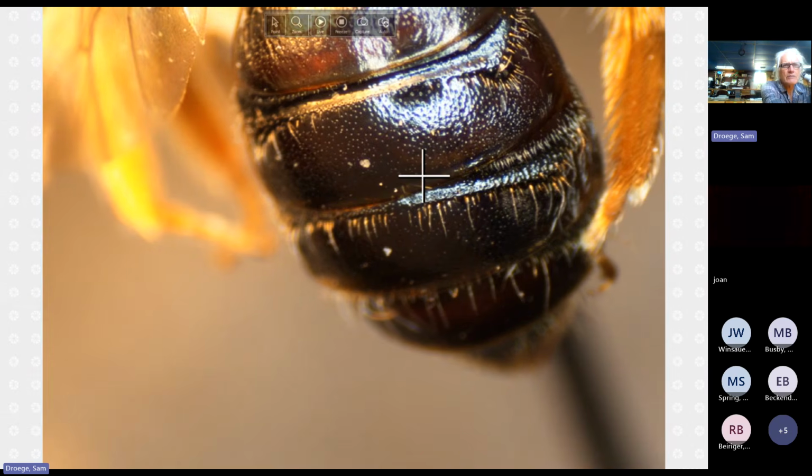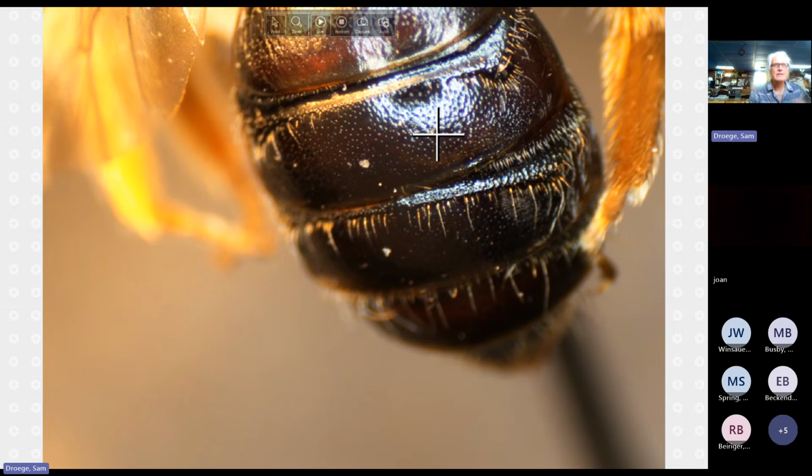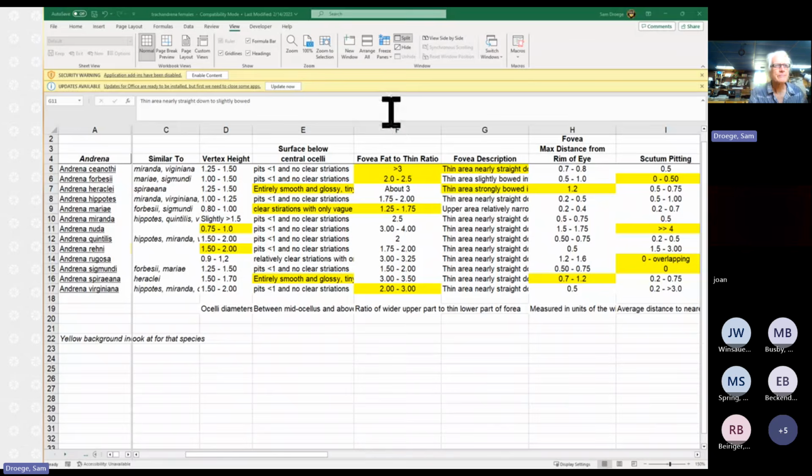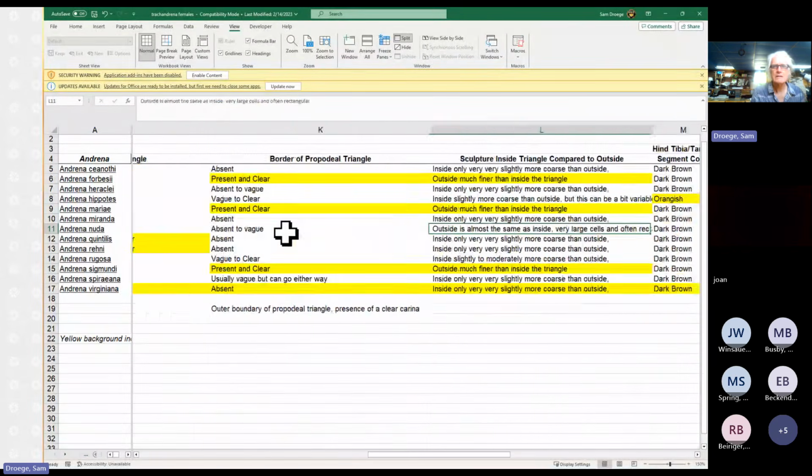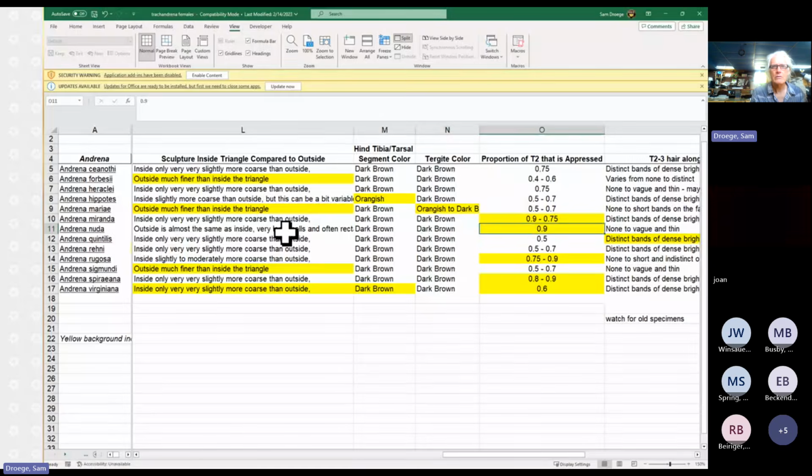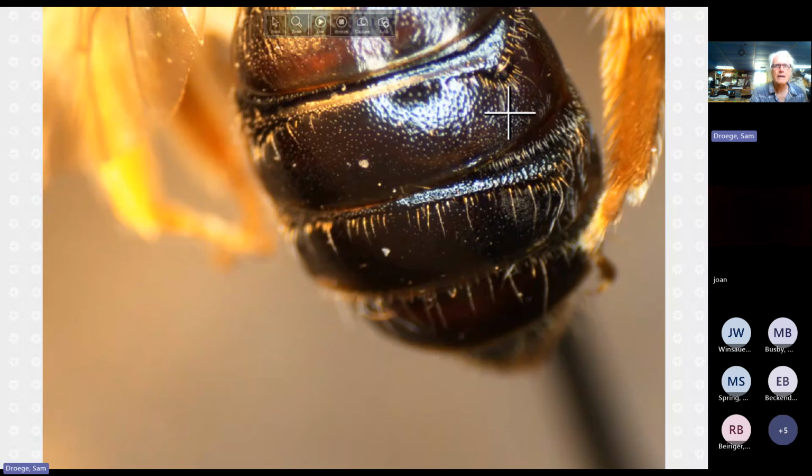Not clear, possibly just a bad shot, but it is supposed to take up 90% of the segment. We go back. I can't see it well.